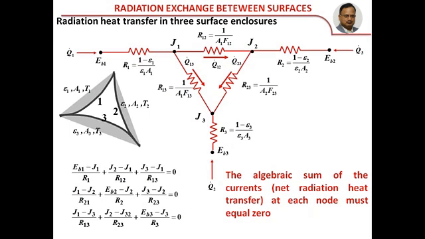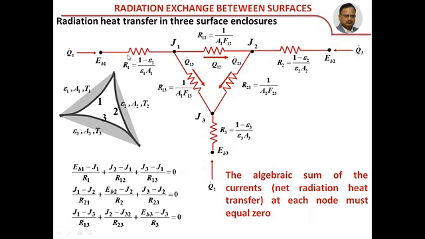If you have three enclosures, 1, 2, 3, you imagine like this, 1, 2, 3. Each surface has its own surface resistance, see R1, R2, R3. Between 1 and 2, you have shape resistance. Between 1 and 3, you have shape resistance. Between 2 and 3, you have shape resistance.